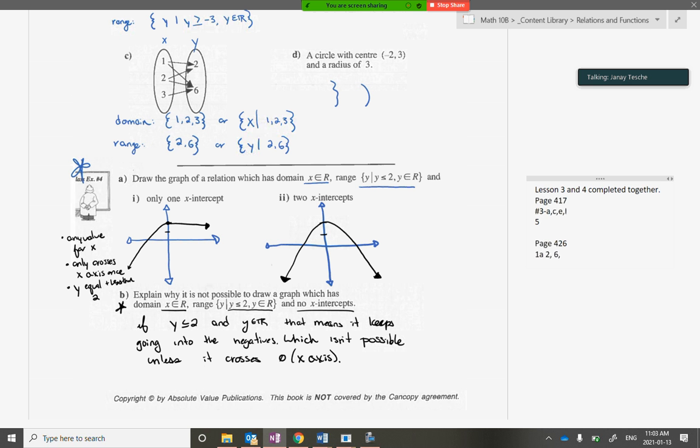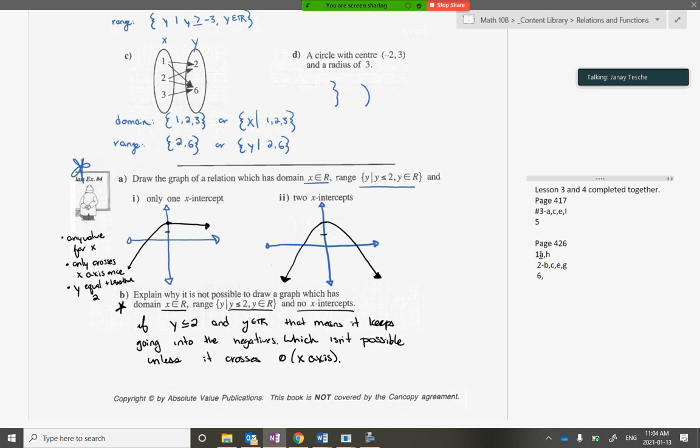Okay, so for 1, you have to do A and H. 2, I want you to do B, C, E, and G. I'm just making you not have to do so many.